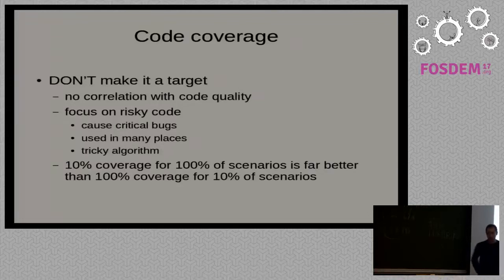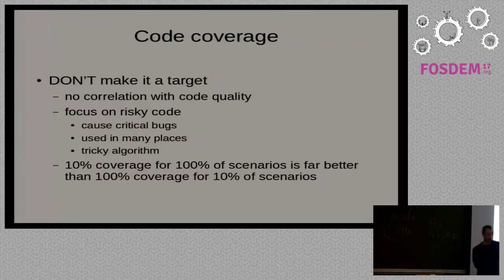Focus on risky code. You need to have 100% coverage on risky code. And for me, risky code is something which can delete data from the user, or throw an uncaught exception. But that's another part, that's a design problem. Or a tricky algorithm, something you don't understand very well, because maybe it's old, maybe it was badly implemented, I don't know.